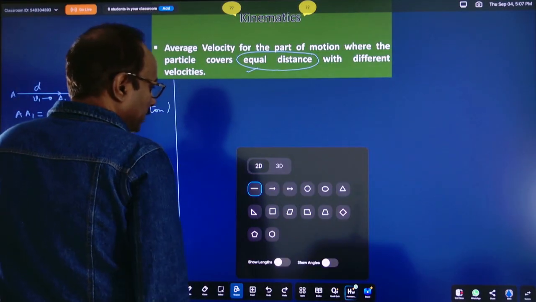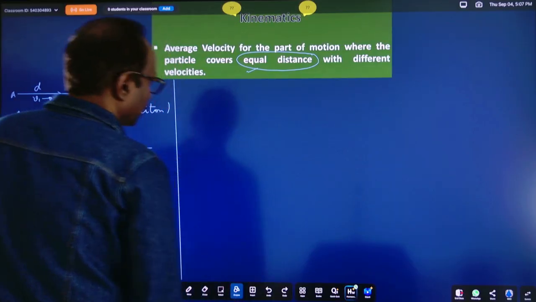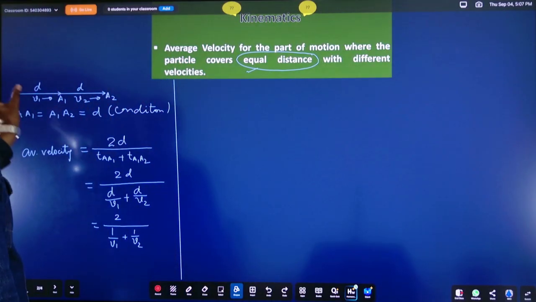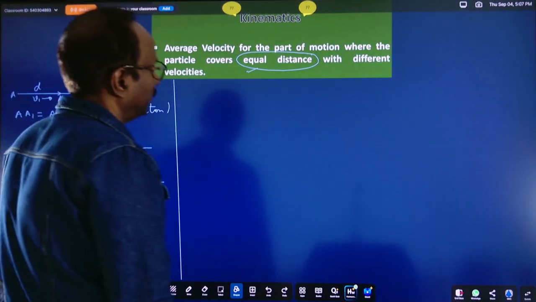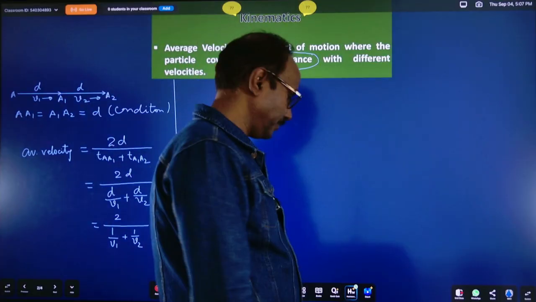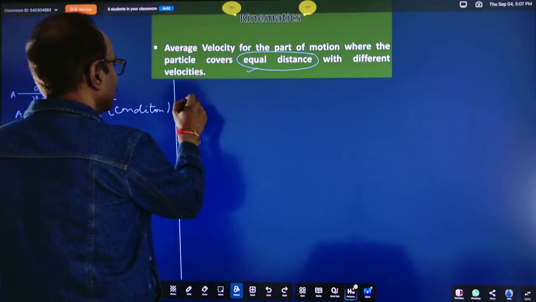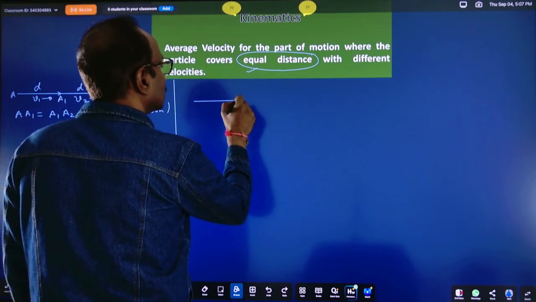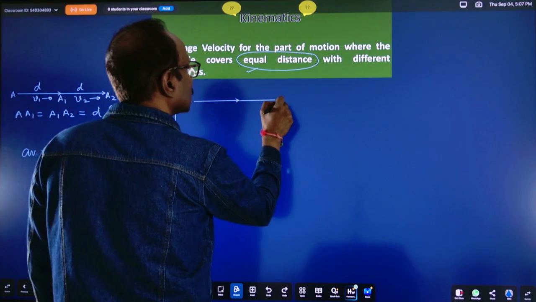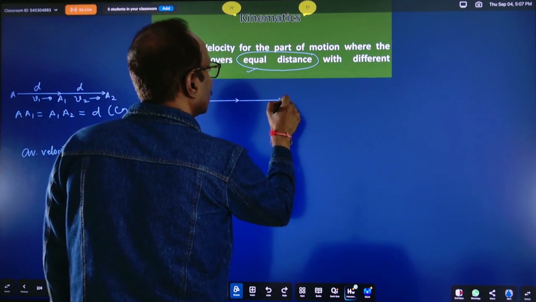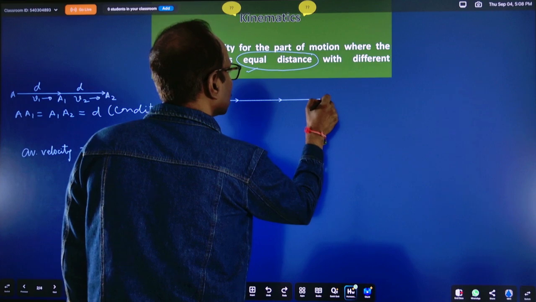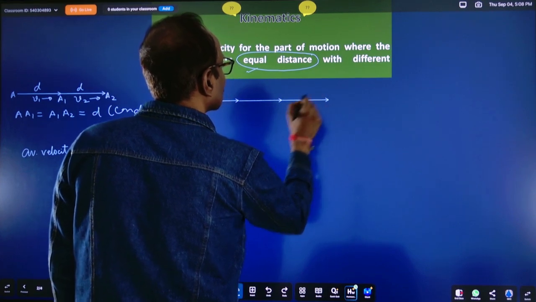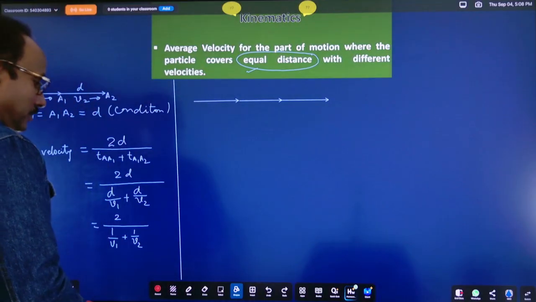Now let us examine traveling three equal distances with different velocities. 1, 2, 3.